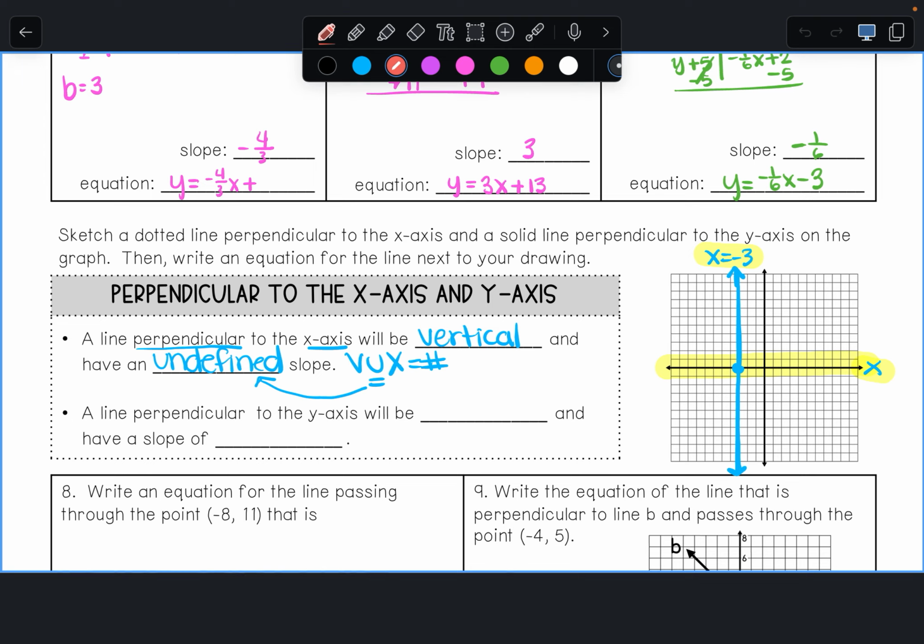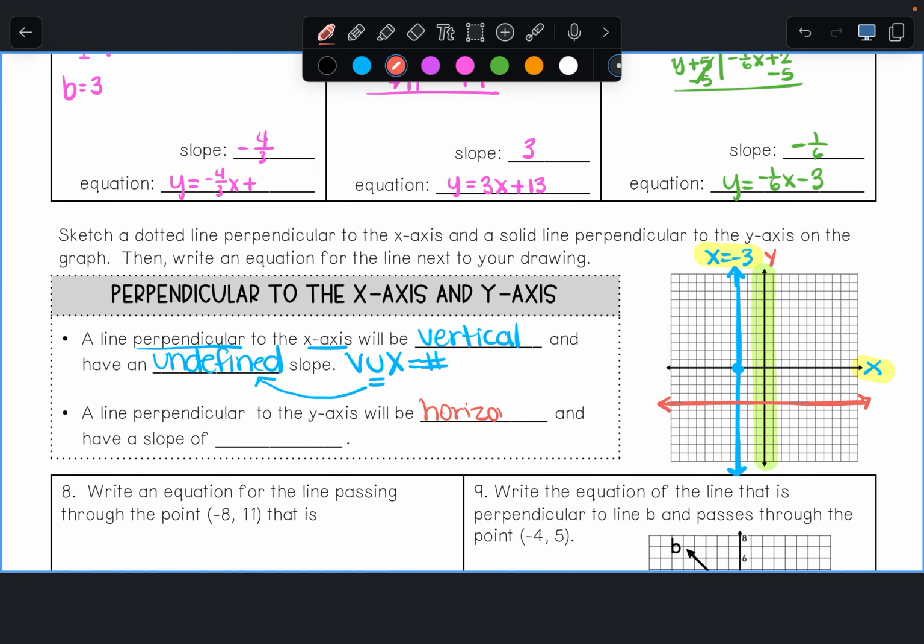All right. Now we're going to graph a line that's perpendicular to the y-axis. Well, our y-axis is what? Up and down. Vertical. So a line perpendicular to the y-axis would be horizontal. Now I'm going to put it at the 4. Opposite.